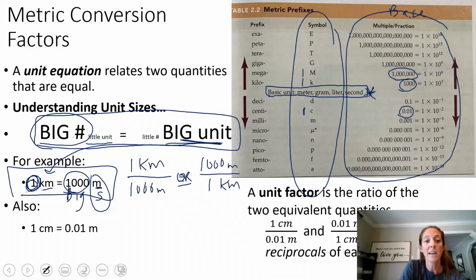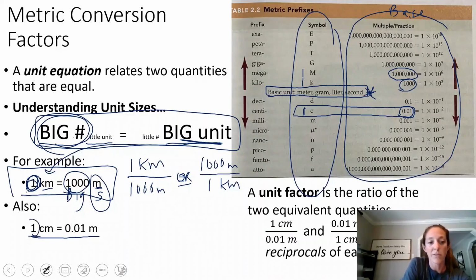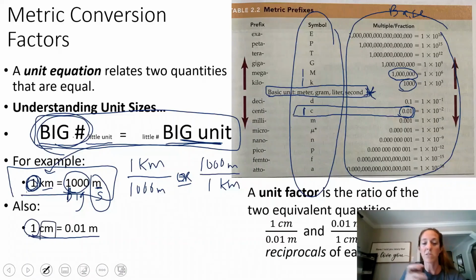Okay, so like I said, if I have 1 centimeter down here, 1 centimeter we said was equal to 0.01 meters. Which one is the bigger number, 1 or 0.01? Obviously this one. Big number, little unit. Compared to a meter, centimeters are small.